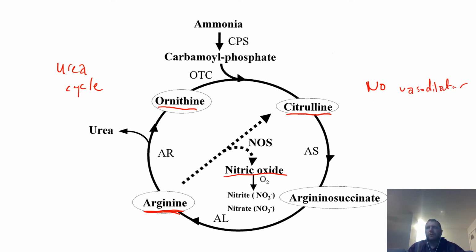If you know anyone who's a fitness fanatic, one of the nutritional supplements they probably take is arginine, or possibly another urea cycle intermediate, because this is supposed to increase blood flow, so when they're working out it's a better workout.